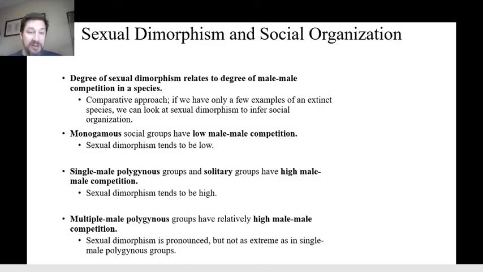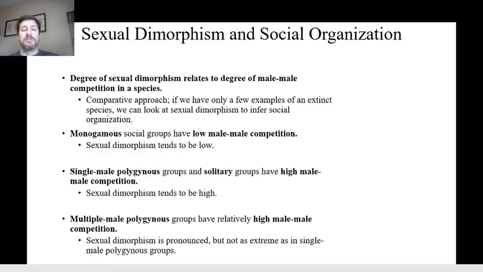And so then, if we have an extinct species and we have several individuals from that species and we're able to tell their sex, we can look at sexual dimorphism and try to figure out what their social organization was like. So we can take human ancestors and look at their degree of dimorphism and try to figure out if they have the same social organization as we did or a different social organization.